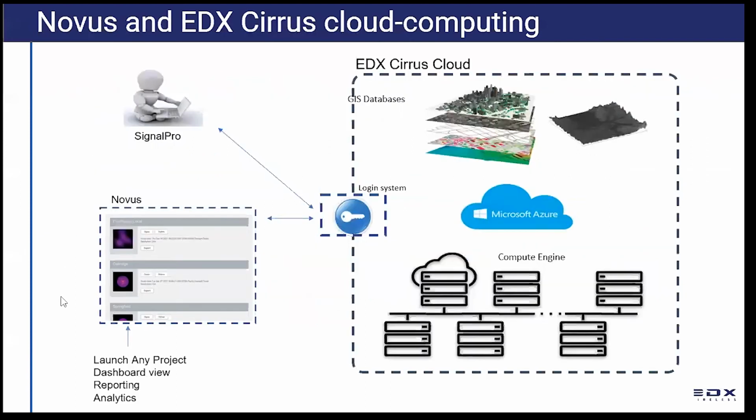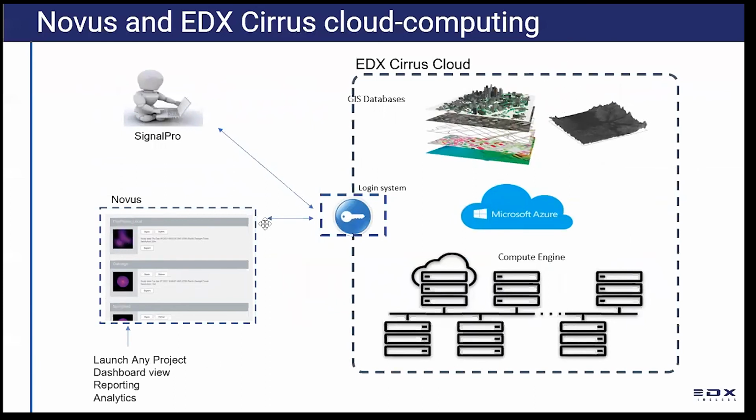Oh, here's a little graphic just to kind of clarify what the names are referring to. So the EDX Cirrus Cloud, again, is our cloud-based platform, where we've got your data secured and your project secured, all those GIS databases that you could subscribe to easily and have access to.